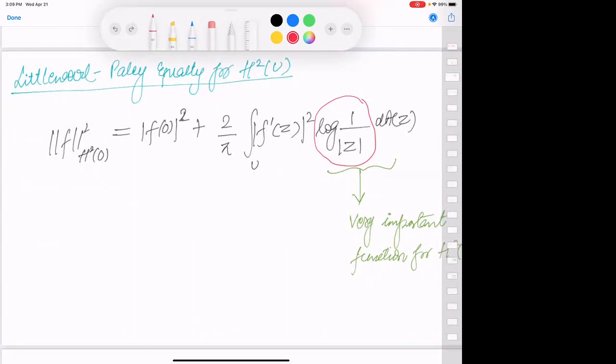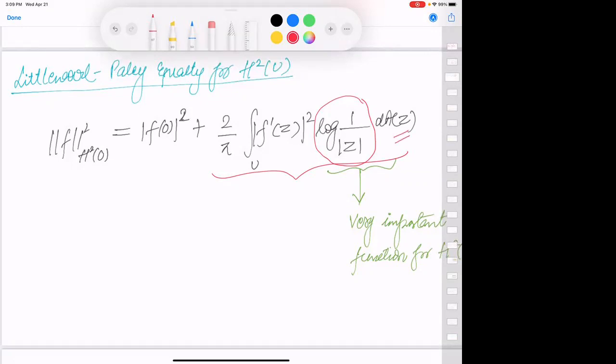It says that the Hardy norm of f equals the absolute square of f(0) plus 2 over pi times the integral over the unit disk of the absolute square of f prime of z multiplied by log of 1 over absolute z, with respect to the area measure.